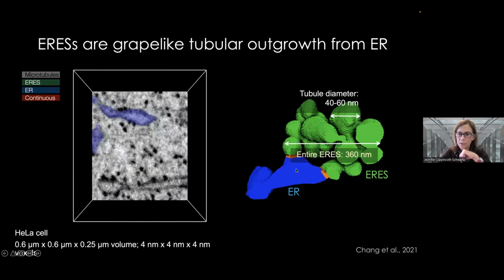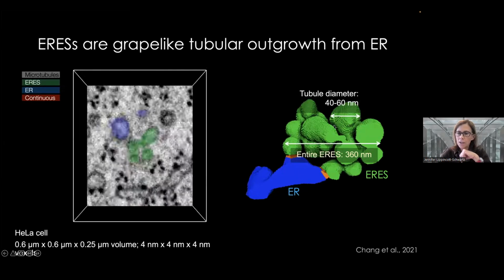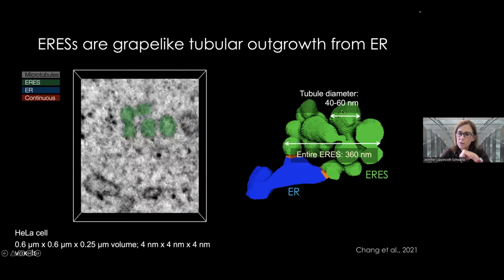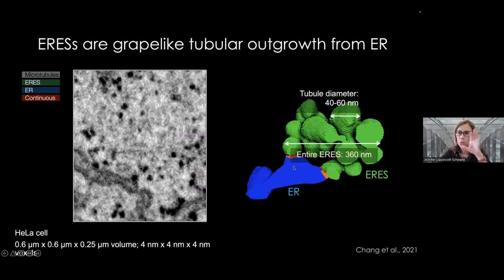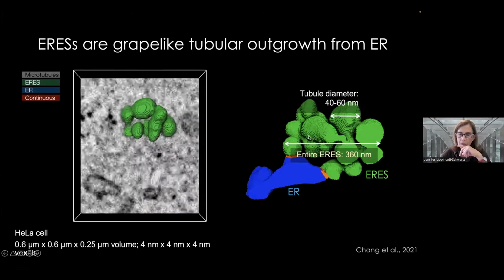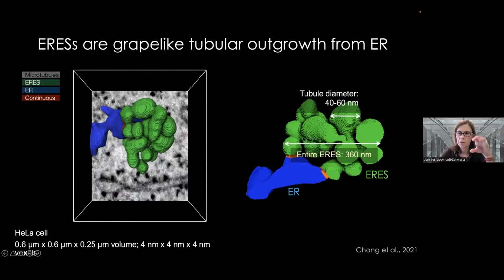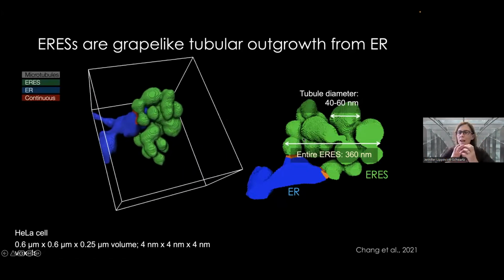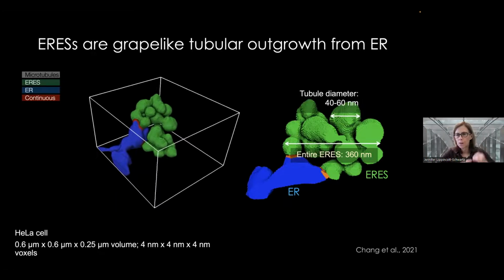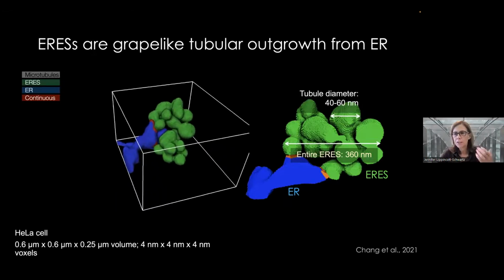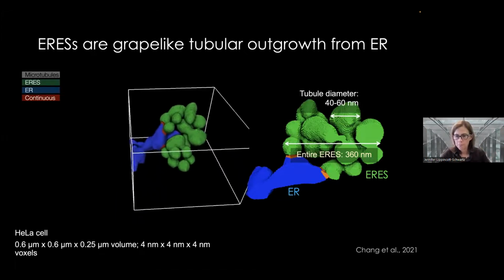This red represents a neck. These things are continuous with each other, and we can see cargo moving in and out through photobleaching approaches. So we think this is one interconnected structure, the ER exit site, that's somehow differentiated from the rest of the ER sufficiently to sort cargo.